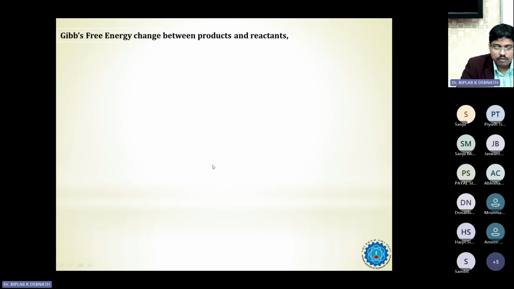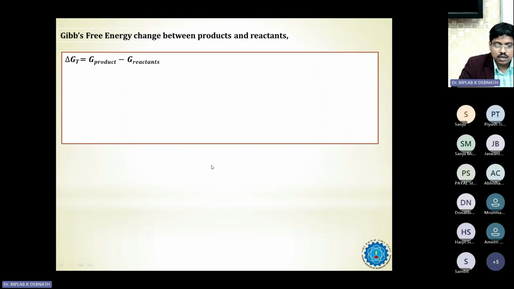Now, if you want to see the Gibbs free energy change between the products and reactants, we have said earlier that if your chemical reaction has to proceed towards equilibrium for a constant temperature and constant pressure system, your Gibbs function change should be less than or equal to 0. So let us understand how we can calculate the difference of Gibbs free energy between the products and reactants.